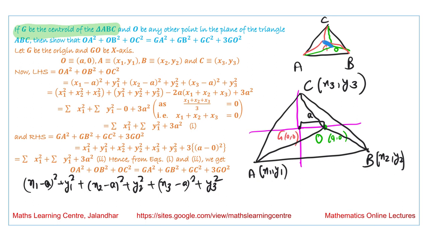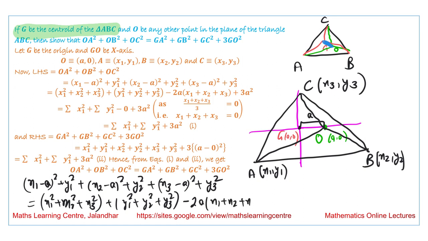And if we open all these terms, we obtain the answer in the form x1 square plus x2 square plus x3 square, then y1 square plus y2 square plus y3 square, then minus 2a into (x1 plus x2 plus x3), and last plus 3a square.